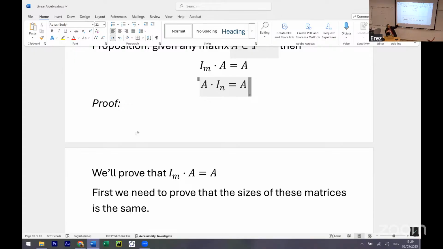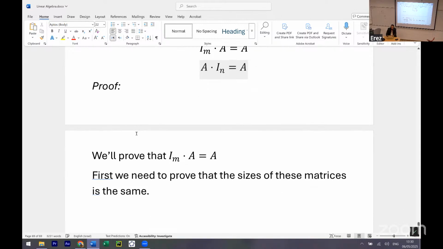I will take a general ij, row i column j, and I'll make sure that the element in row i column j on the left hand side is the same as the element in row i and column j in the next matrix. So it's two steps. First, make sure the size is correct. Second, make sure the entries of the matrix are the same. Okay? So the size is pretty easy.